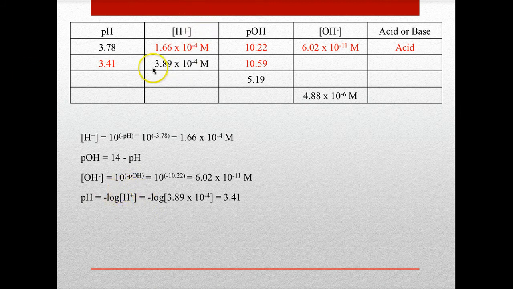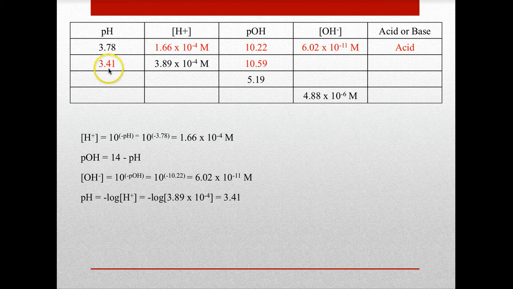Okay, so we're going to substitute in this number, 3.89 times 10 to the negative 4, because that's the hydrogen ion concentration, in that equation. So we're going to get the negative log of 3.89 times 10 to the negative 4. Okay, and when we do that, that's going to give us 3.41 as our pH. So we put 3.41 right there.